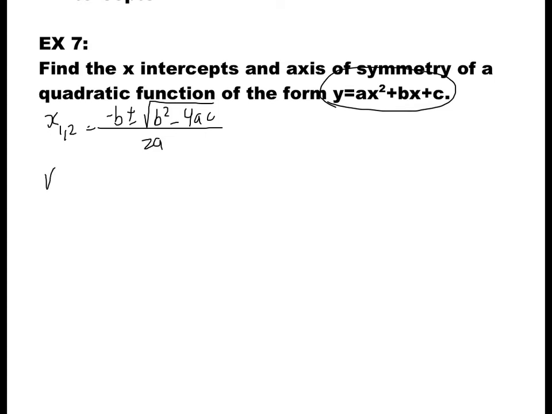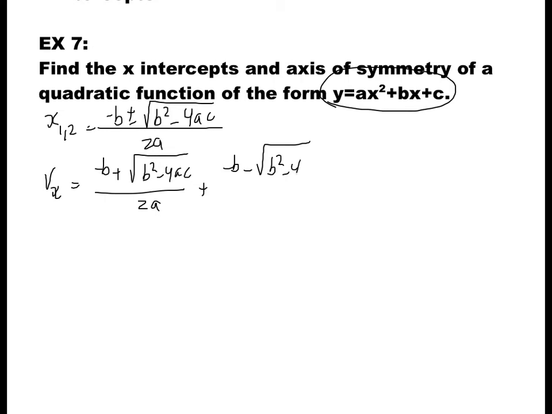So the x coordinate, v sub x, is negative b plus the square root of b squared minus 4ac over 2a. That's one x-intercept, plus negative b minus the square root of b squared minus 4ac over 2a. That's the second one. And the whole thing, I have to divide by 2.